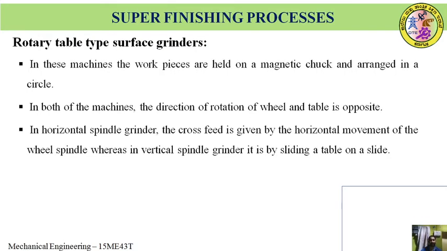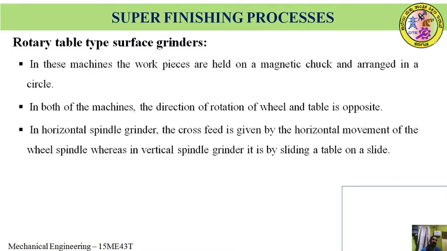Rotary type table surface grinder. In this type of machine, the workpieces are held on a magnetic chuck and arranged in a circle. In both machines, the direction of rotation of the wheel and the table is opposite. In the horizontal spindle grinder, the cross feed is given by horizontal movement of the wheel spindle, whereas in the vertical spindle grinder, it is by a sliding table on the side.